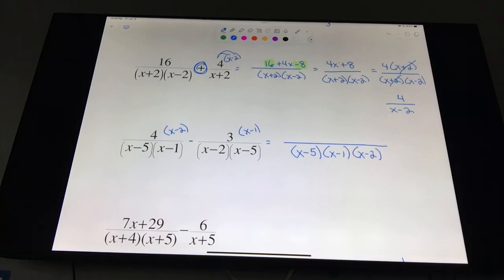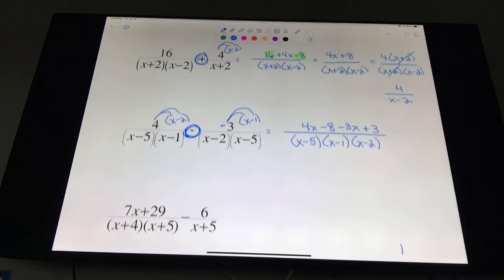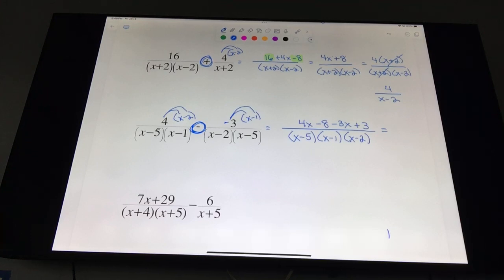All right, so we multiply through. 4 times x. 4 times minus 2. Minus this time, so minus 3 times x. And minus 3 times minus 1. Positive 3. And then in order, add, factor, reduce. So add, 4 minus 3 is 1.